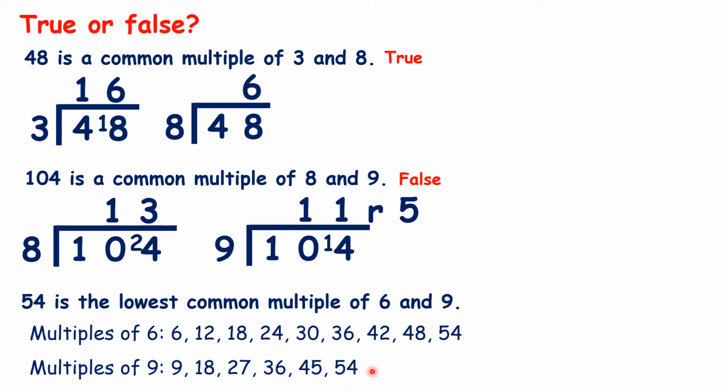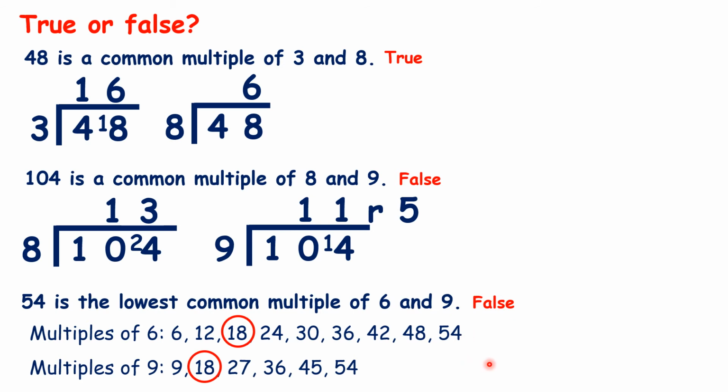So it's a common multiple of 6 and 9, but is it the lowest common multiple? Well, it's not, because 18 is a lower number than 54, and 18 is in both times tables. So 18 is the lowest common multiple of 6 and 9. So that means the statement here is false.